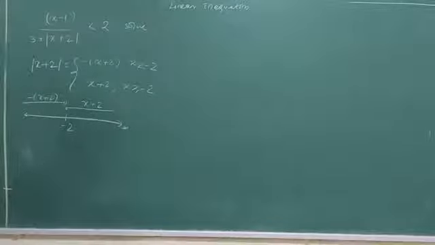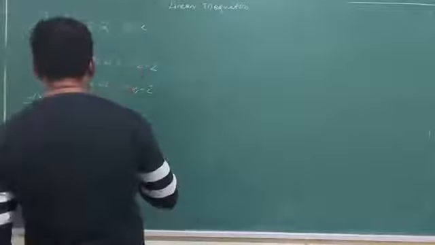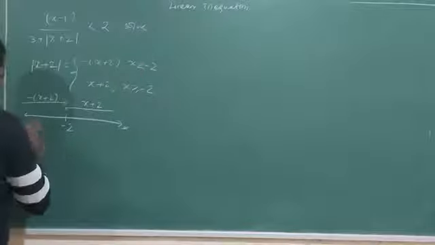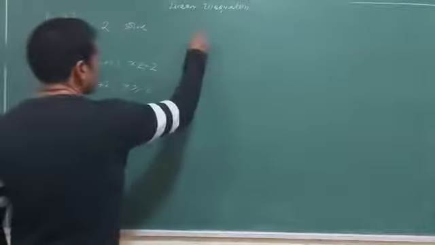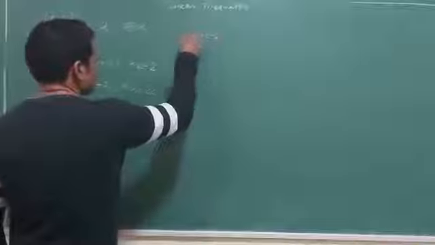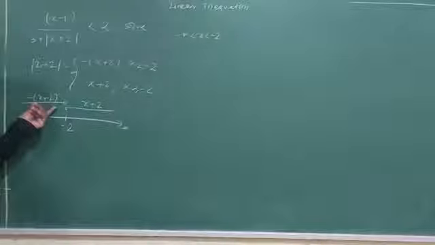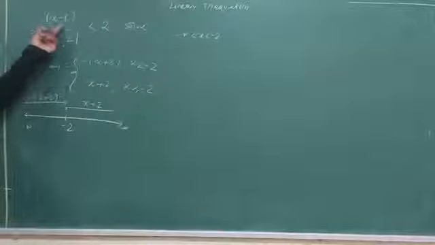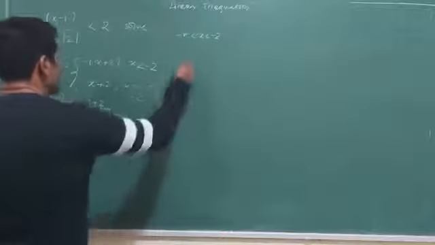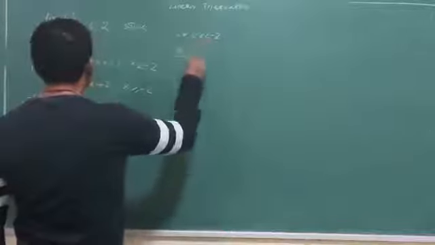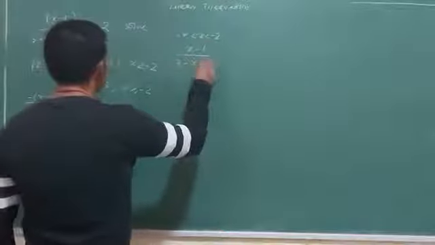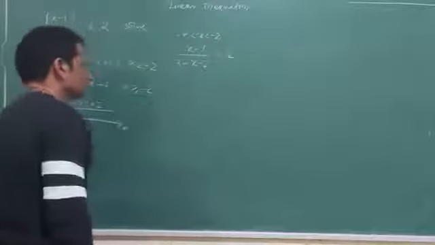Alright, so what do I do now? I will go to the first part of the number line. That is, x is less than minus 2, greater than minus infinity. That means I am standing in this term, this will be negative. So this will be replaced by negative, this is as it is. So x minus 1 by 3 minus x minus 2 less than 2.